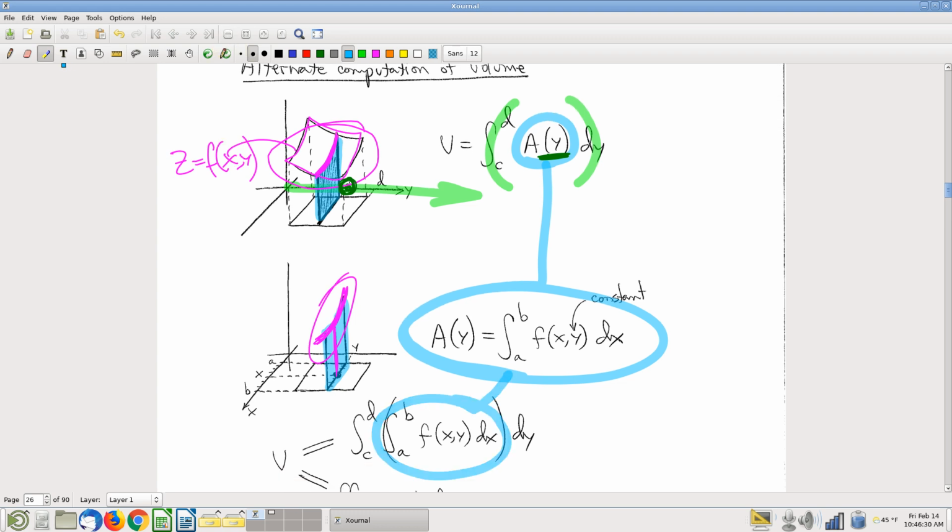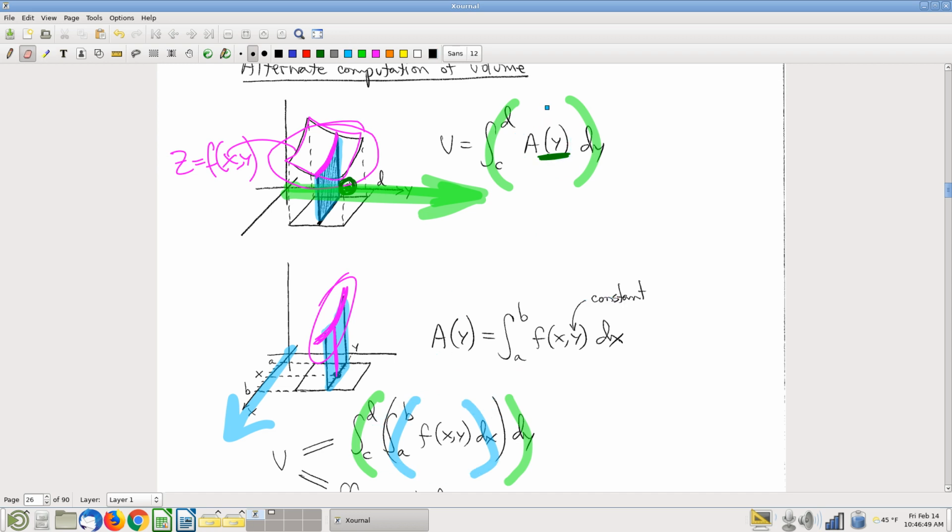And so altogether, I have a dy integral, as I move in the y direction, of a dx integral, because that dx integral is that cross-sectional area. An integral of an integral. Seems a little weird, right? Nevertheless, that's something you can do, and you can totally compute this.